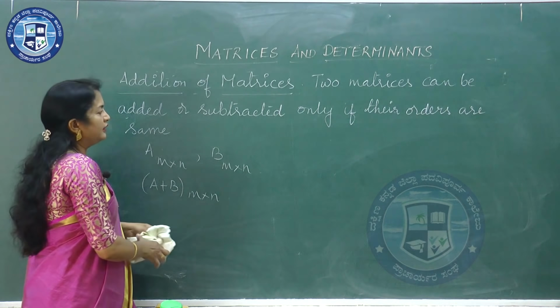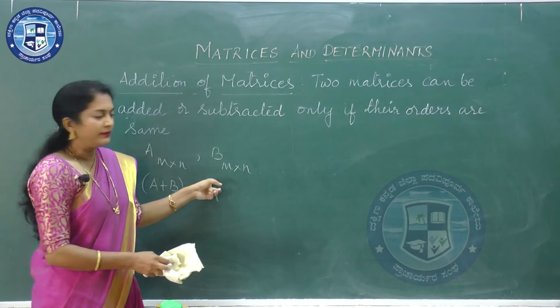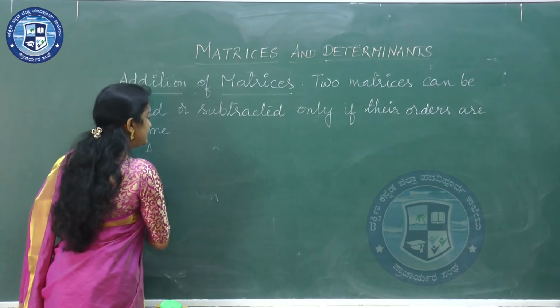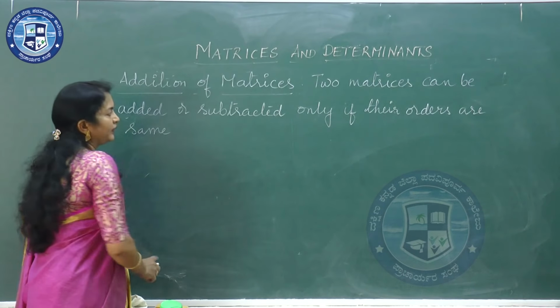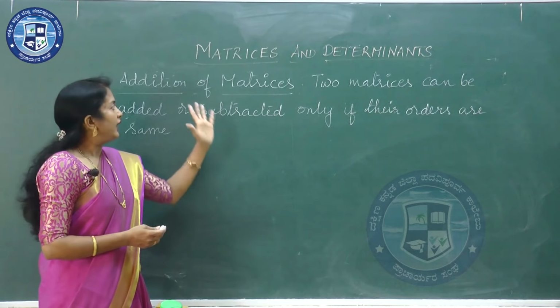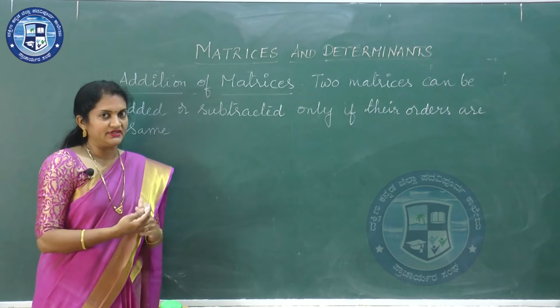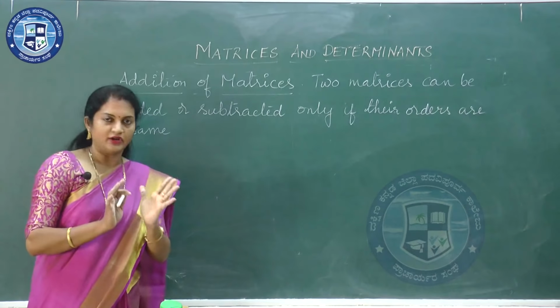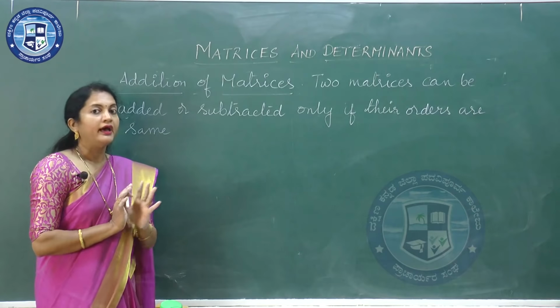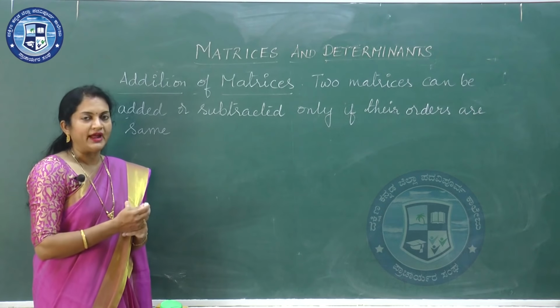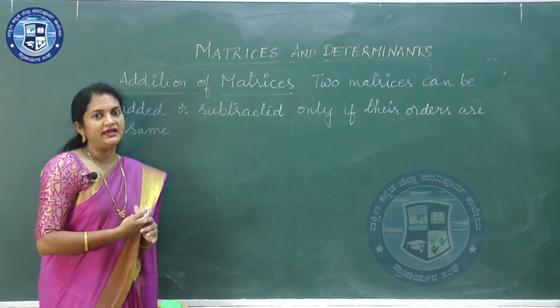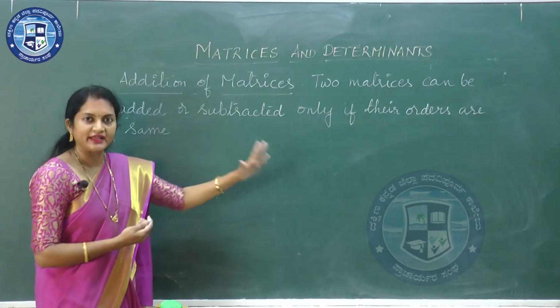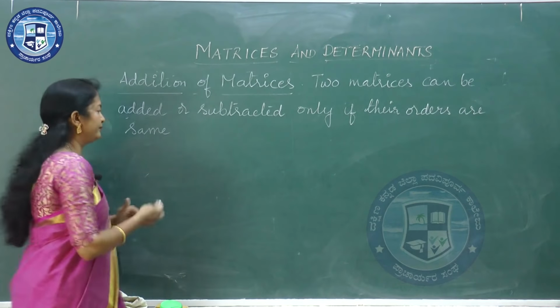Now I can explain this by taking some examples. How will we add the matrices? Their orders must be the same, and while adding two matrices, the corresponding elements of the first matrix and second matrix will be added.